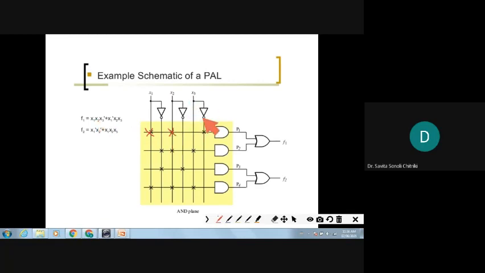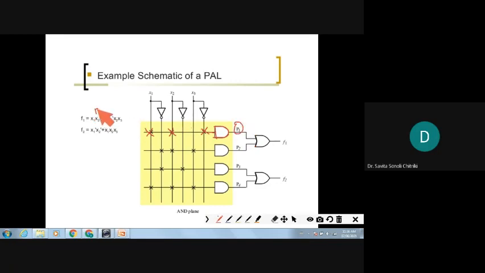This is X3, whereas this is the X3' line. There is no connection on the other lines. So all these three are ANDed. I have an AND gate here, so I get the product P1.